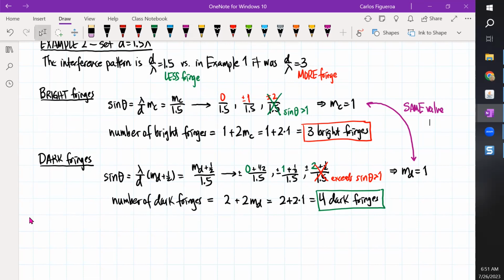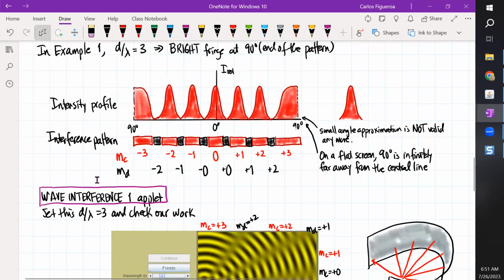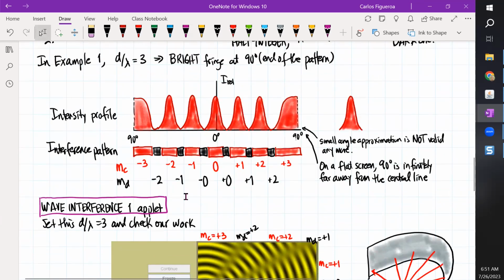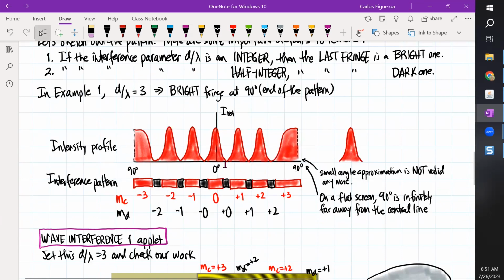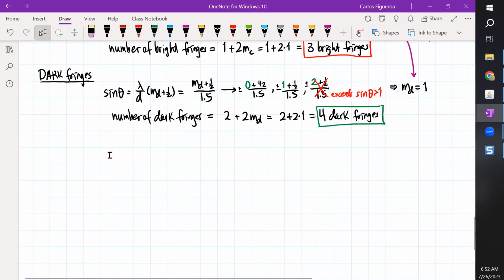Okay. So now what I'm going to do, just like I did last time, I want to plot the interference pattern and the intensity profile. So let's go look at this. I'm going to plot this pattern, and it's going to look something like this. I'm going to try to scale it as we did before.